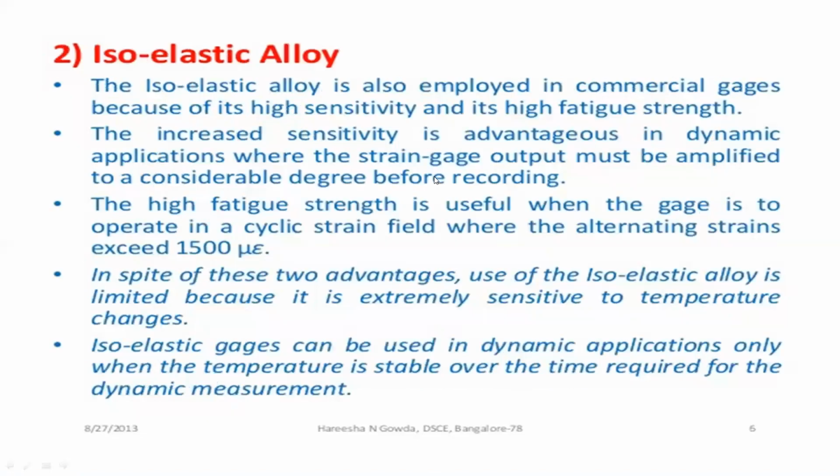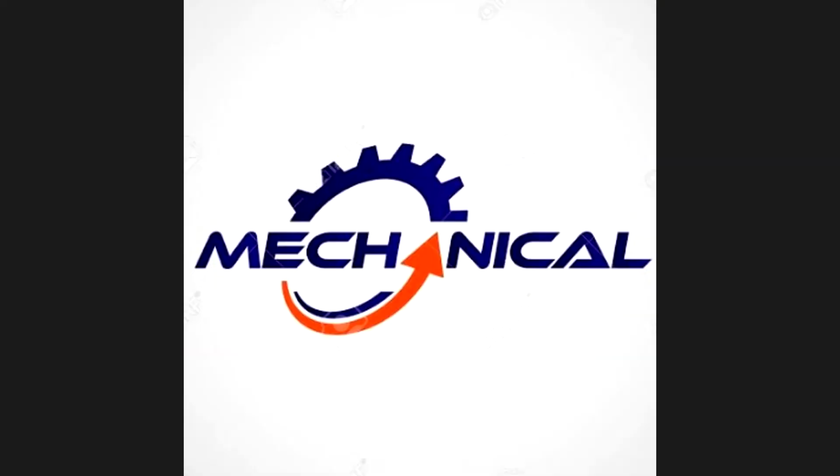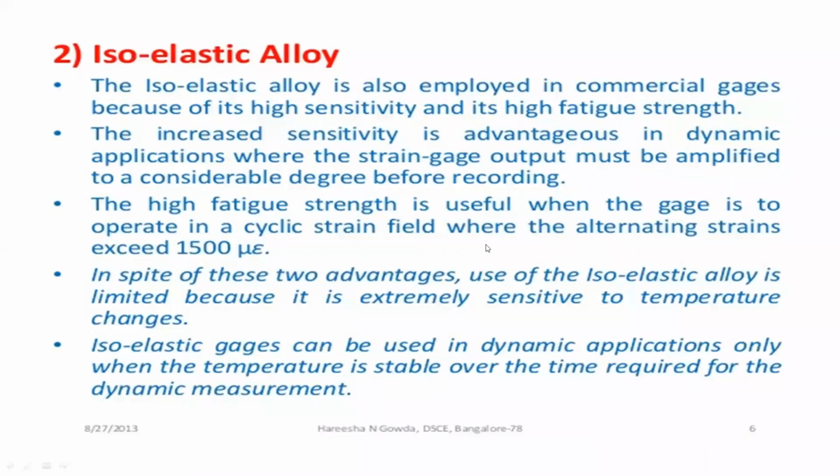Okay, and next one, isoelastic alloy. In this isoelastic alloy, we are using 36% nickel, 8% chromium, 0.5% manganese, and 52% ferrous.